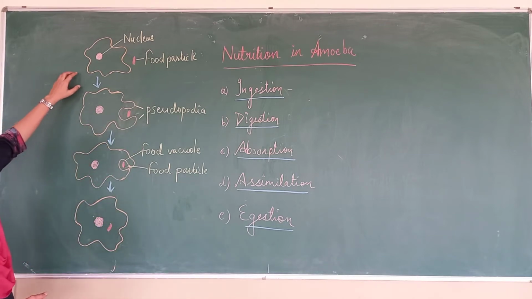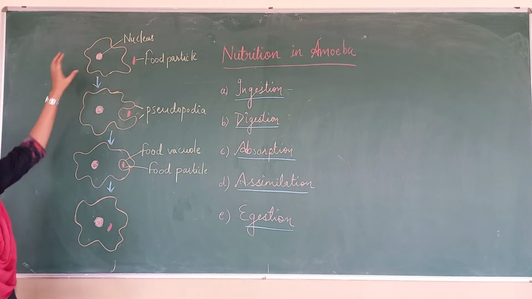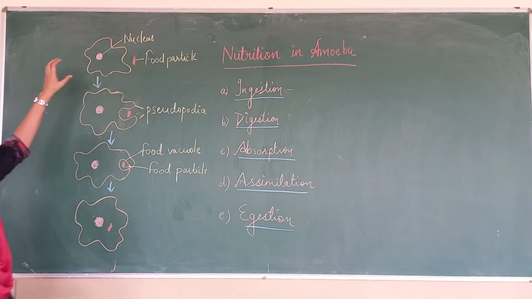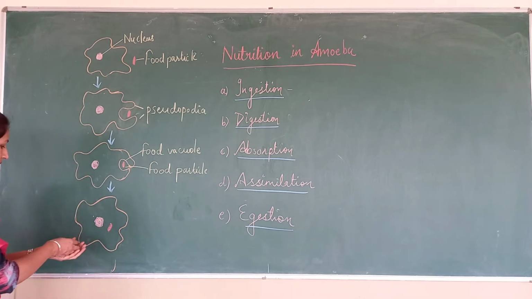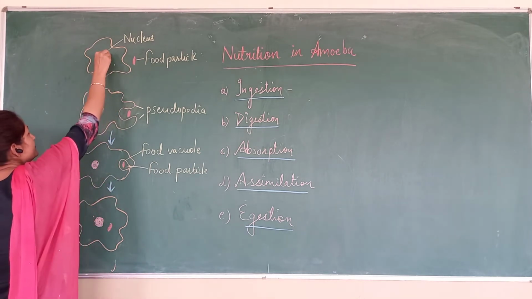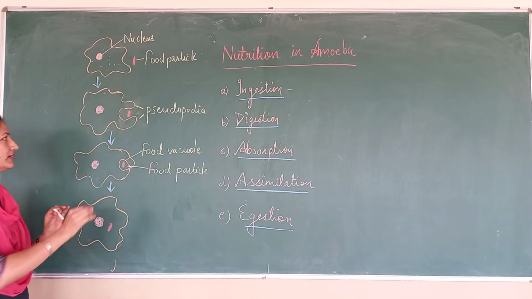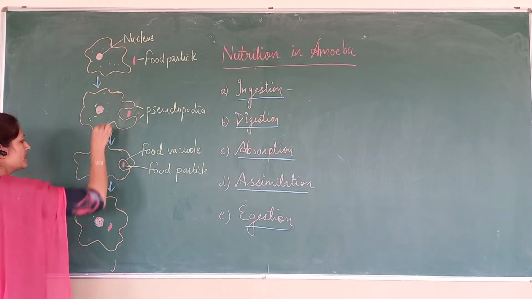So here, as the irregular shape is seen, we know the nucleus is present in the cell, and cytoplasm and the rest of the organelles are there in the cell.